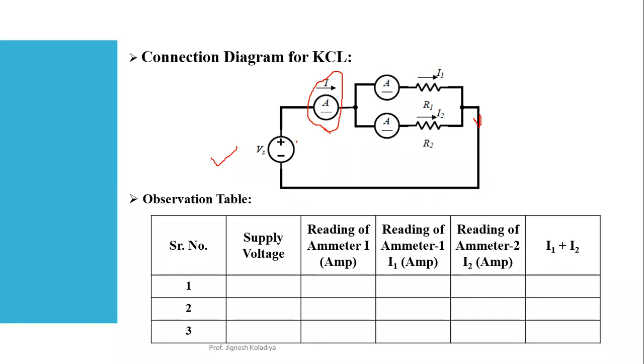Okay, so here you can see the observation table. You can apply different voltages, and we have the readings of ampere meter I1 and I2, and you have to do the summation and compare I1 plus I2 and I, whether both are the same or not.